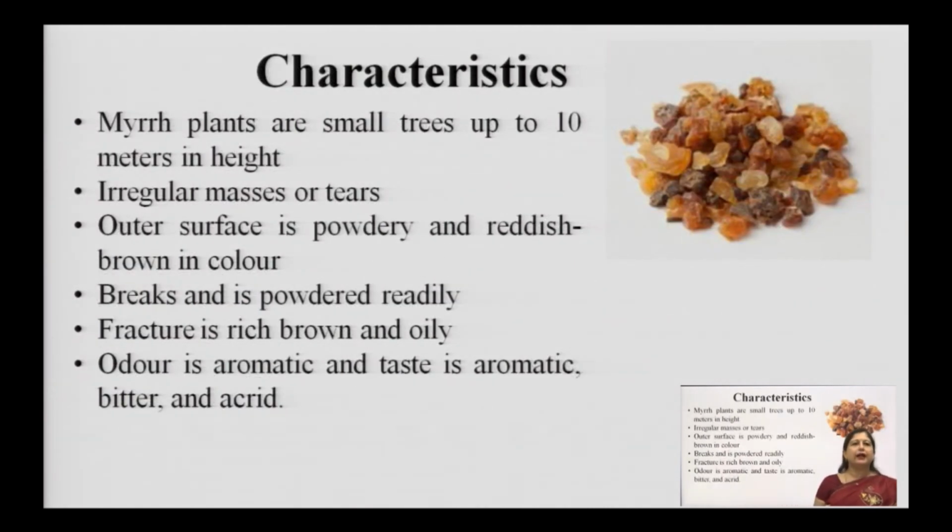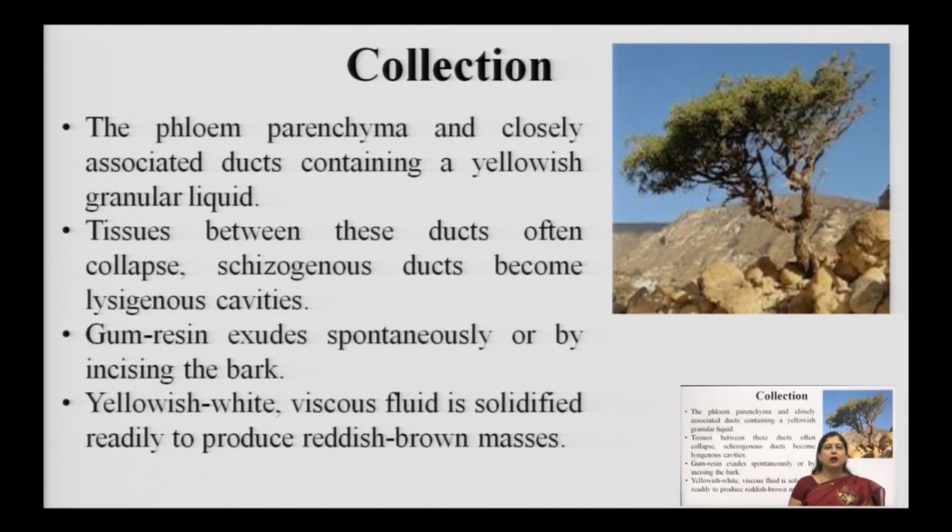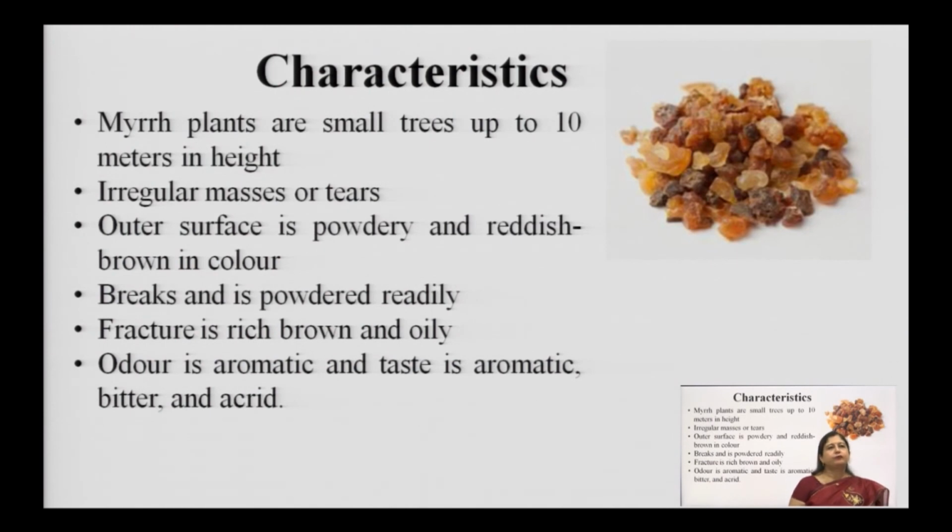Okay. So, the characteristics of myrrh are basically they are small trees up to a height of 10 meter, as we saw in this picture. This is the tree of myrrh about 10 meter in height, and they consist of irregular masses or tears. Okay. Outer surface, it is powdery and reddish brown in color.